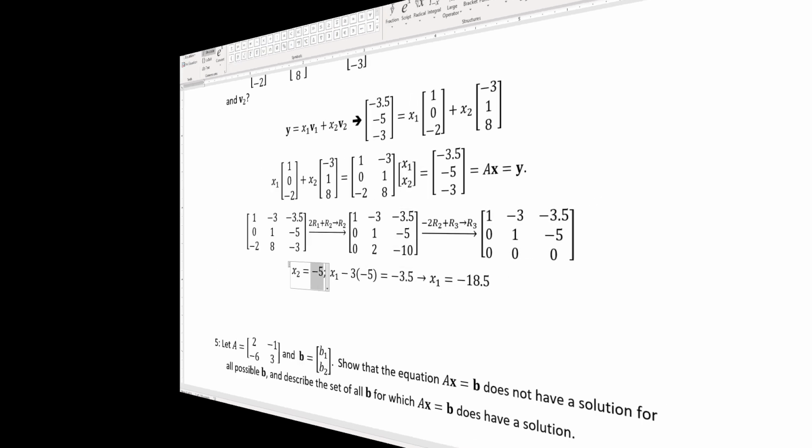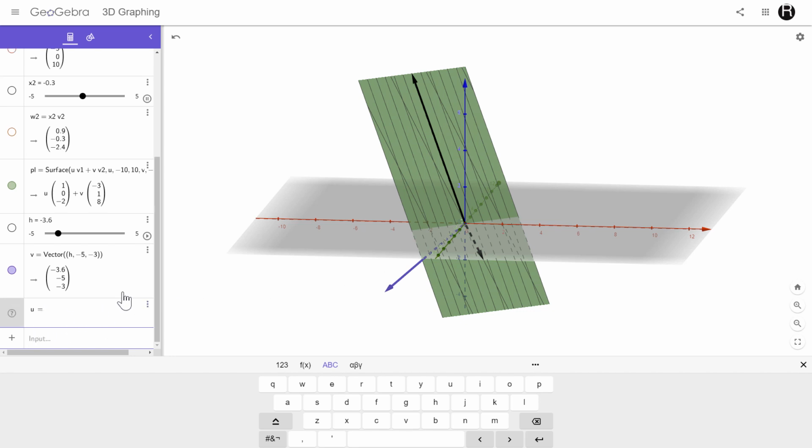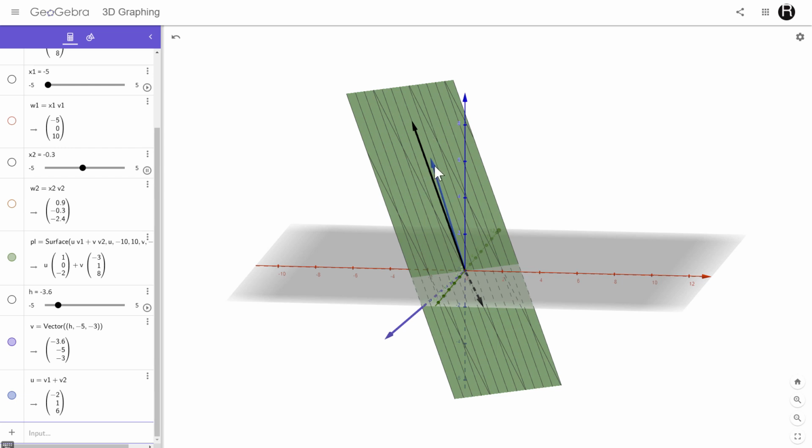Let's go back to our graph. So remember our vectors, our v1 and v2 vectors, are given here. And let's see if we can write a linear combination of v1 and v2. So v1 plus v2 would be this vector in blue over here. Let's make this vector red so we can see it a little bit better. This is the vector, remember, where we made the h equal to negative 3.5 that made us land on the plane.